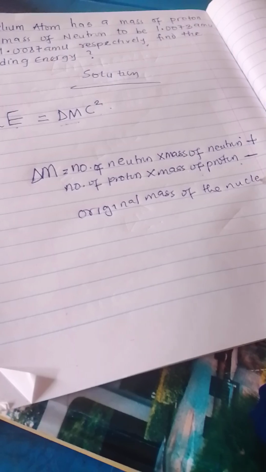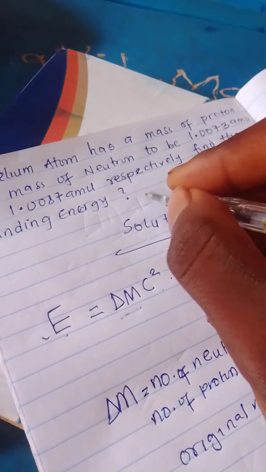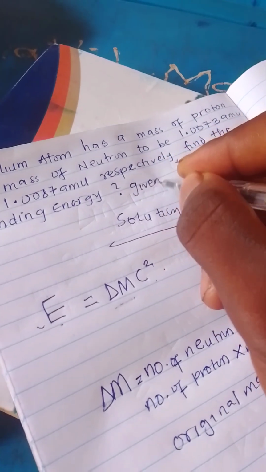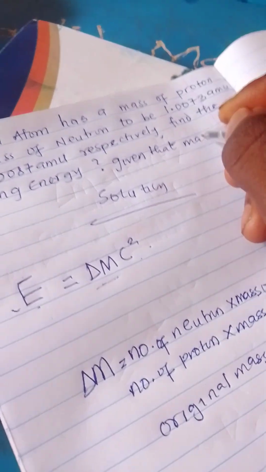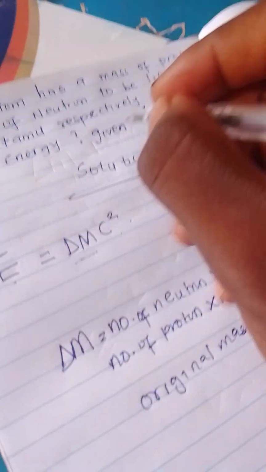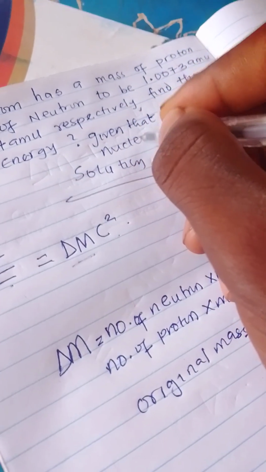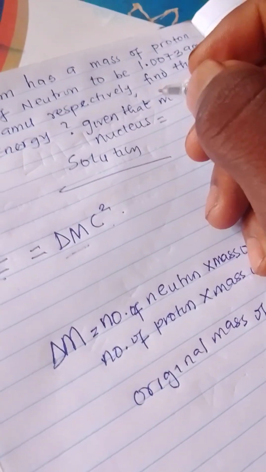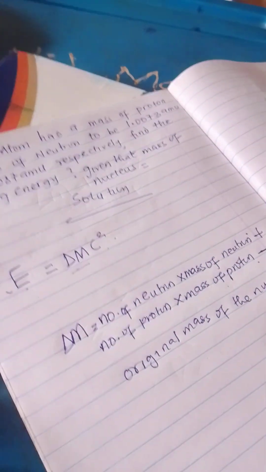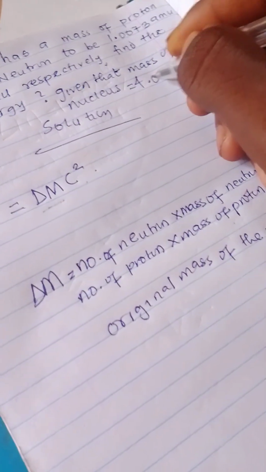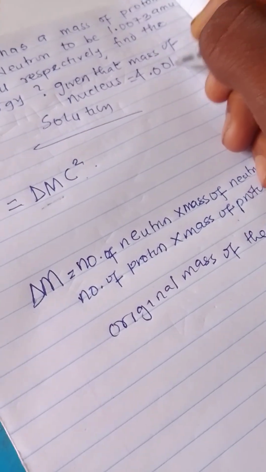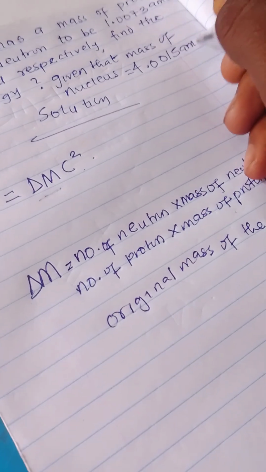From here, the mass of the nucleus has been given to be 4.0015 AMU.